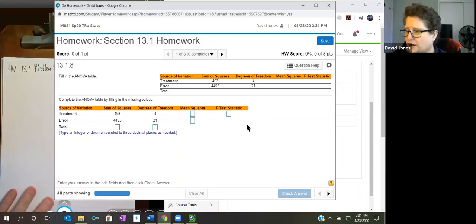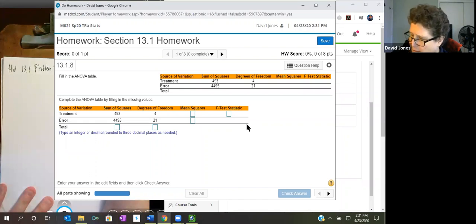And here they want to calculate the mean squares and F-test statistic.